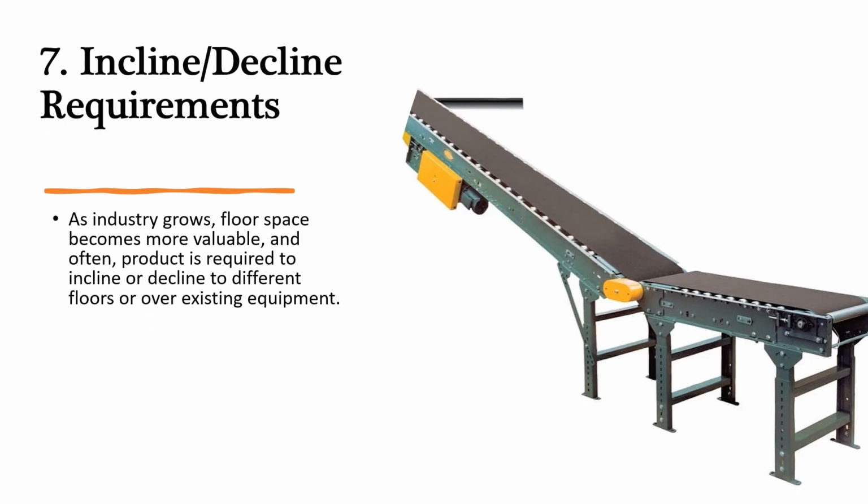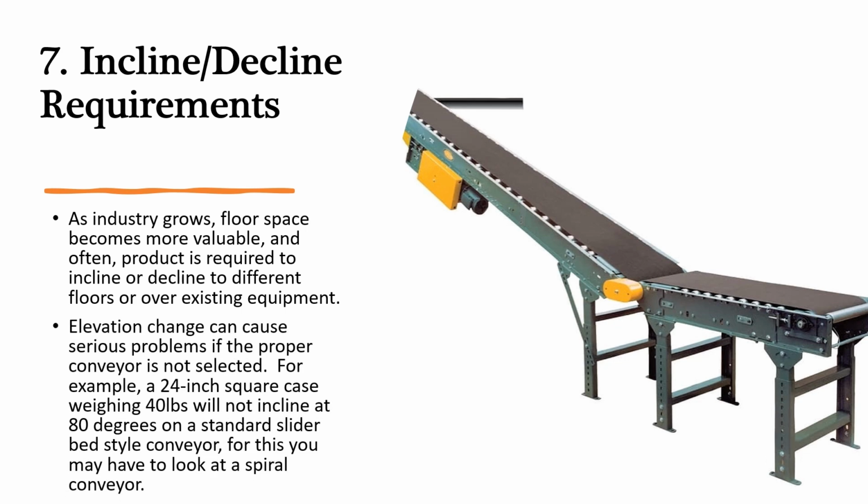And then last, we have incline and decline requirements. Depending on the layout in the shop floor, the conveyors can be inclined to some angles, and that affects the load on the conveyors a lot.